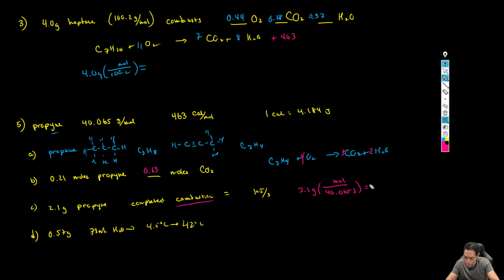And let's do that. So that will be 2.1 divided by 40.065, so I get 0.052 moles. So we have this per mole, so we're going to multiply this by 463 per mole, and I believe the units for this one is kilojoules. Nope, it's calories.